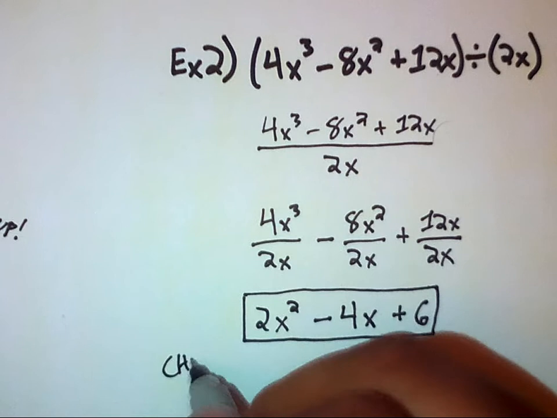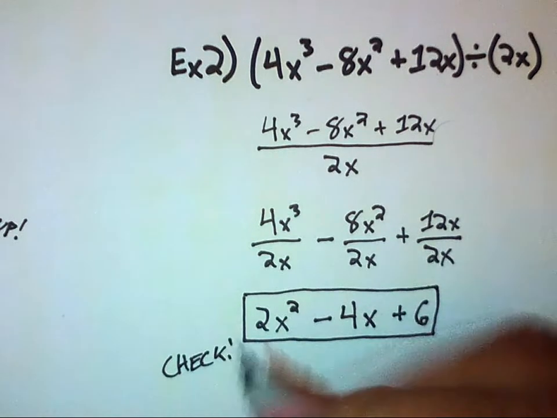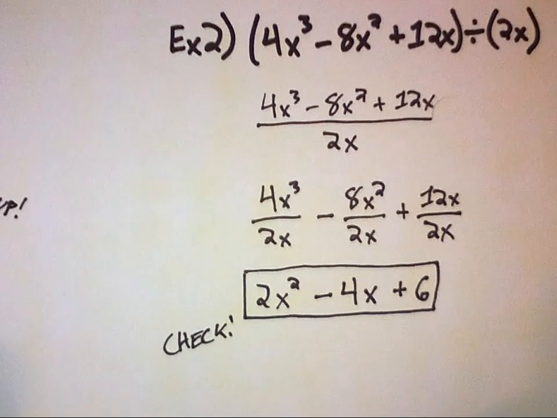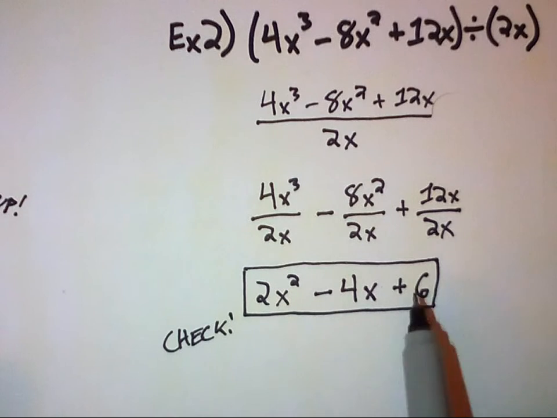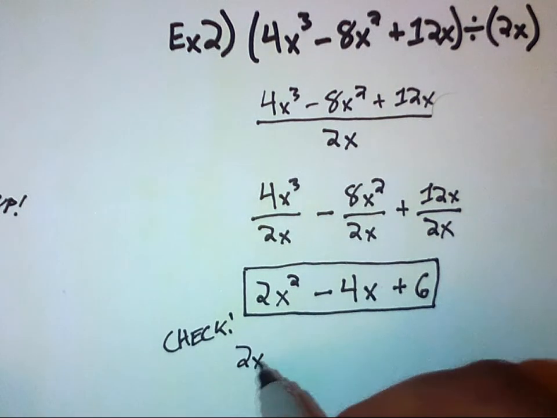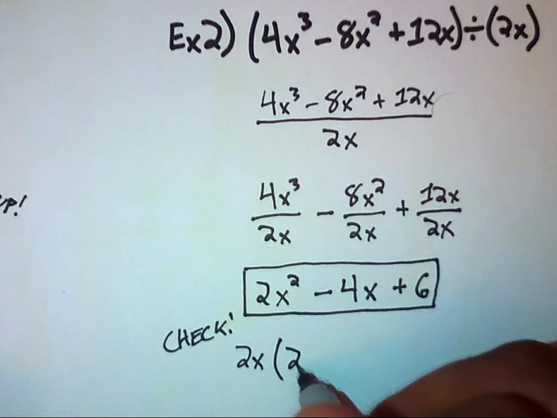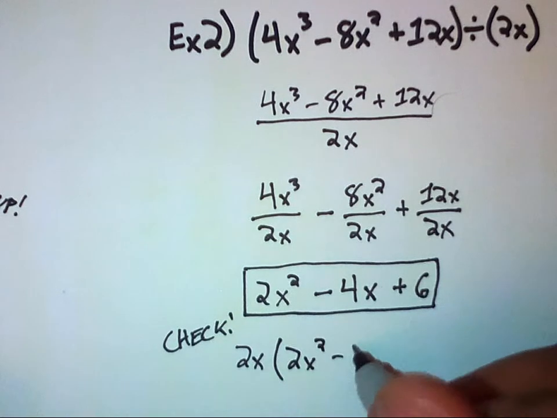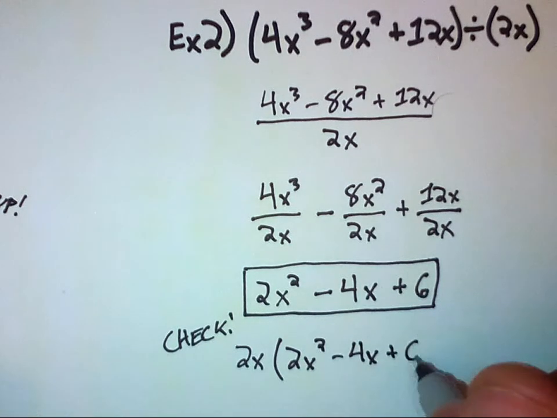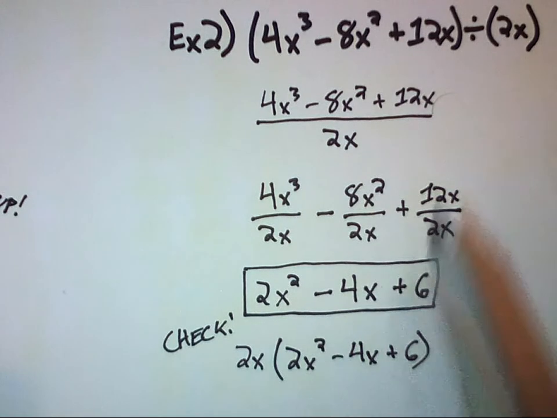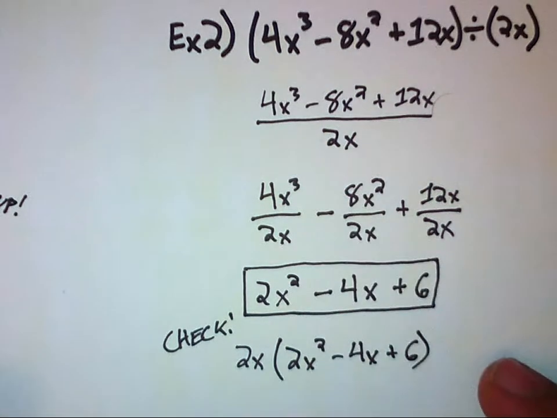Now, it's actually pretty easy to check these. All you have to do is take your answer and multiply it by what you were dividing by. So I'm going to go ahead and set that up. So 2x times 2x squared minus 4x plus 6. I'll know if I did everything right because when I clean this up, it's going to be the original polynomial before I divide it by it.